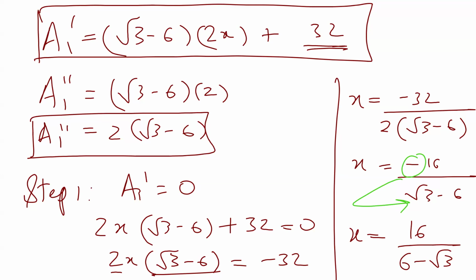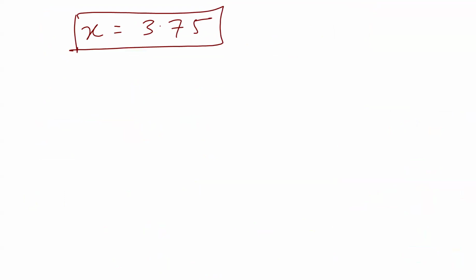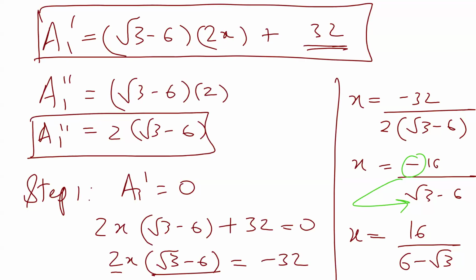X will be 3.75. Or you can keep this as it is, also not a problem. You can calculate this on the calculator. Fine. So we got the value of x.